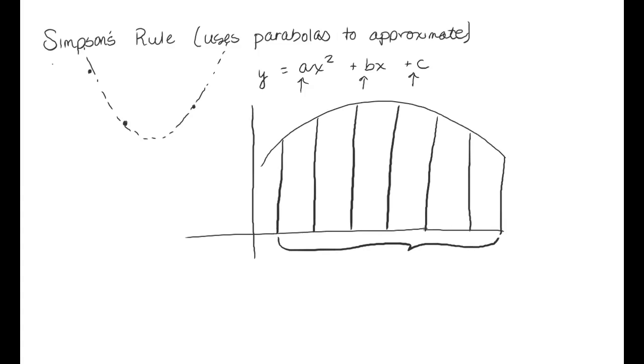Since we need 3 points, when we break this up, we actually have to pair up our little segments. So in other words, we're going to find the area under 2 of our subintervals at a time, because we've got 1, 2, 3 points, and we could find the area under there.